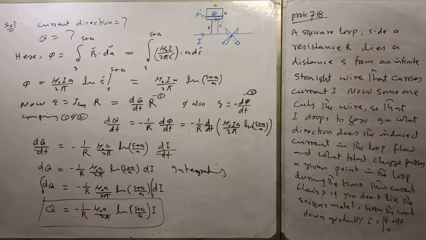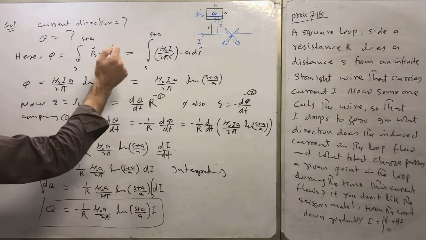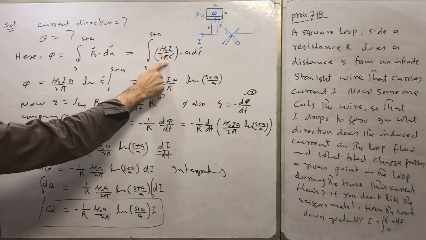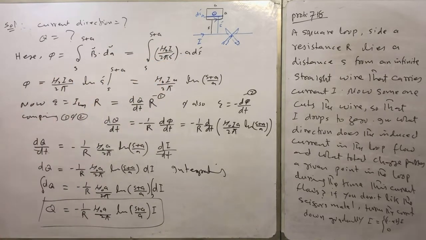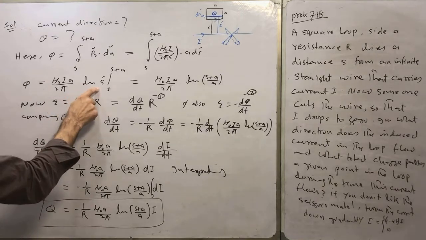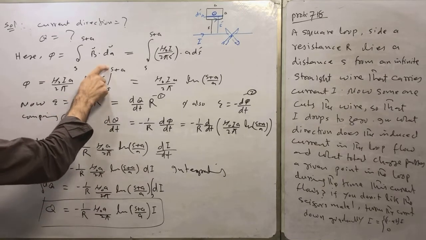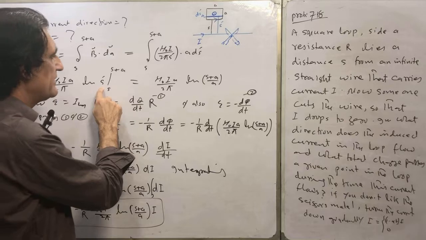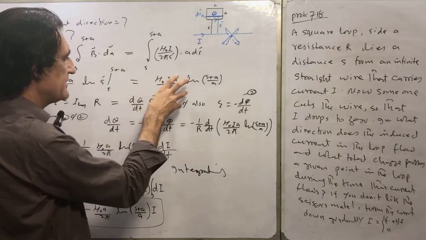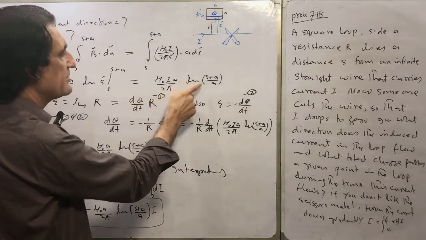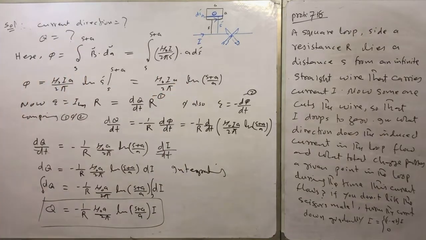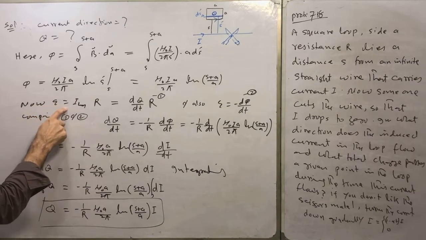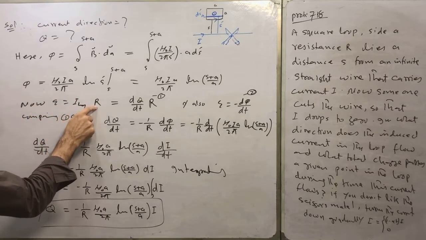Then it is very simple to integrate, because mu naught I over 2 pi and a are constant, and the integration over s prime gives a log. Putting in the limits, we get phi.